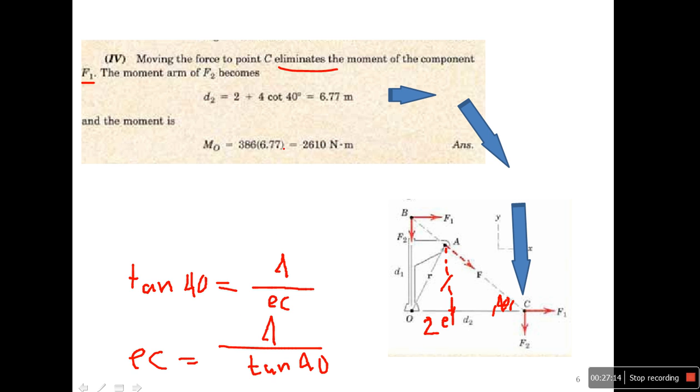So now you can see this D2 equals EC plus EO. EO is equal to 2 meters, this distance. So I can get D2 multiplied by F2, and I will get the moment. That's all.